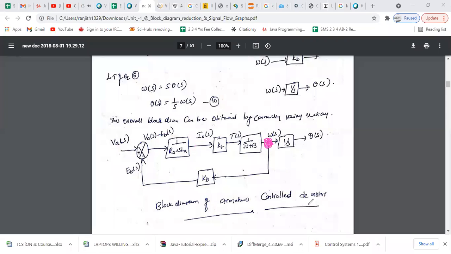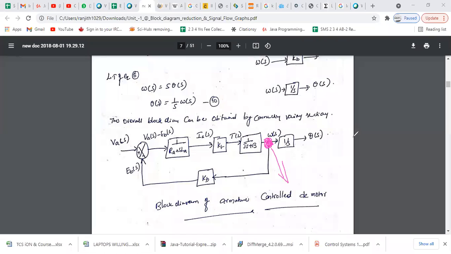What are the elements of the block diagram? Block, summing point, branching point. How many blocks are there in this block diagram? Five. How many summing points are there? One. How many branch points are there? One, sir. This is one branch point.